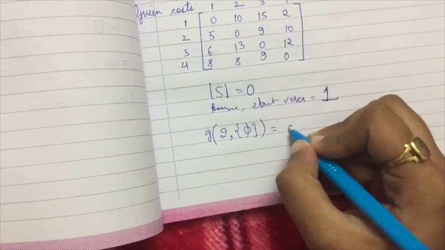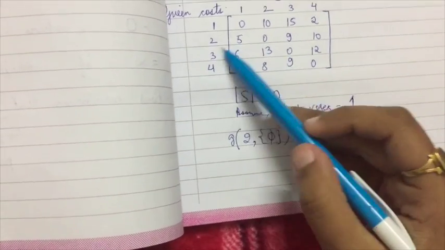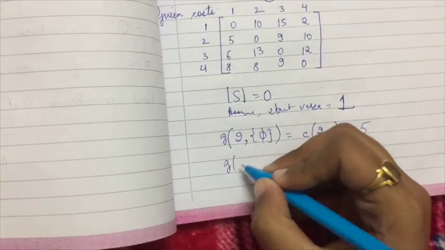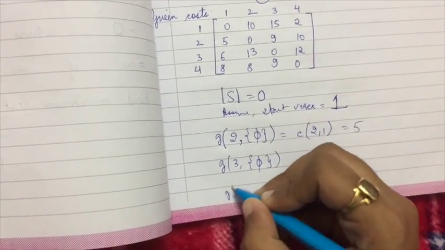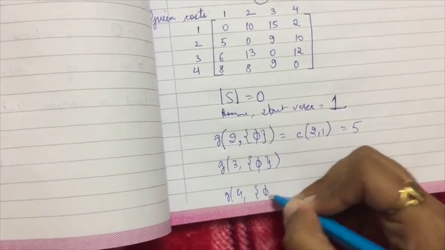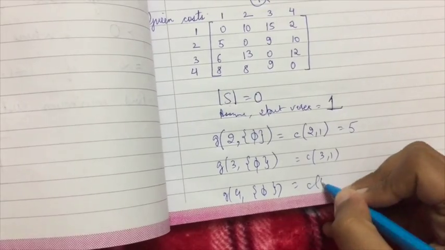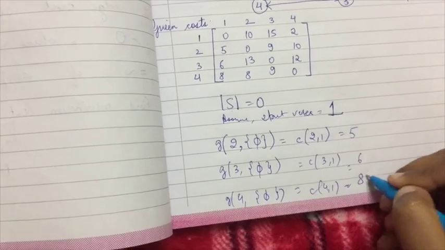So that is equal to cost of 2 comma 1, and cost of 2 comma 1 is 5. Similarly, I find out g of 3 comma phi and g of 4 comma phi, that is cost of 3 comma 1 and cost of 4 comma 1. 3 comma 1 is 6, 4 comma 1 is 8.